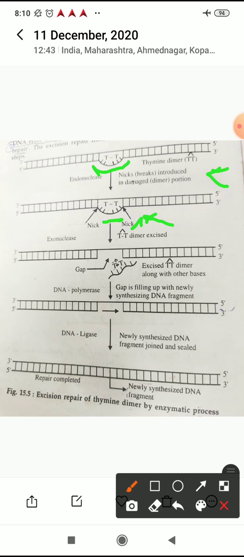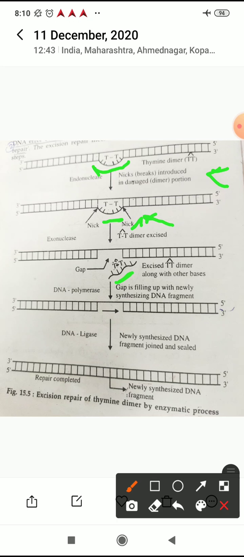This nick formation is due to an enzyme called exonuclease. The enzyme responsible for breaking the DNA on both sides of the dimer is called exonuclease.